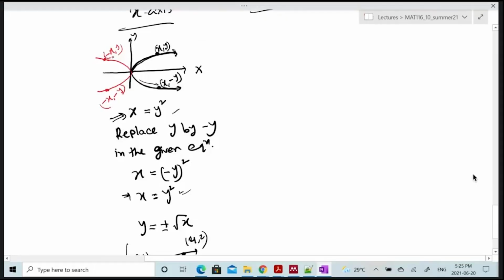So as you see, the x is always fixed here for x-axis symmetry, but the y is changing. So if y is positive, then here y will become negative. So we can say that to find the x-axis symmetry, we replace y by minus y.